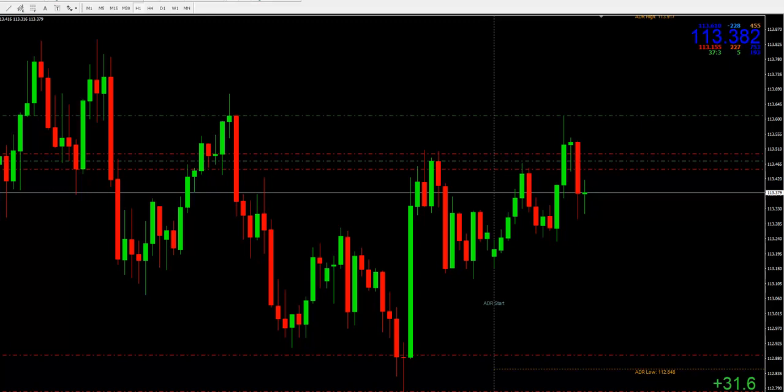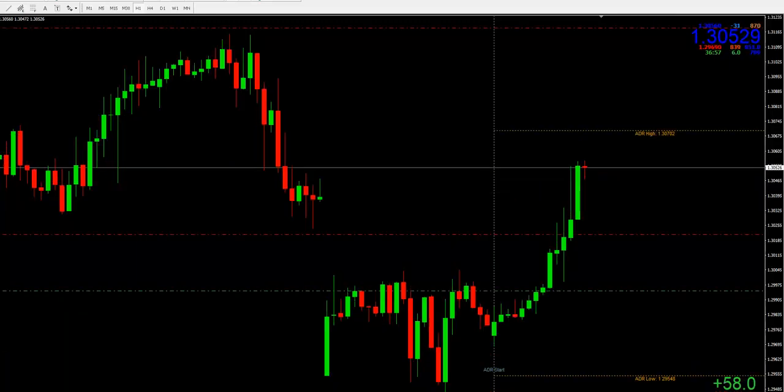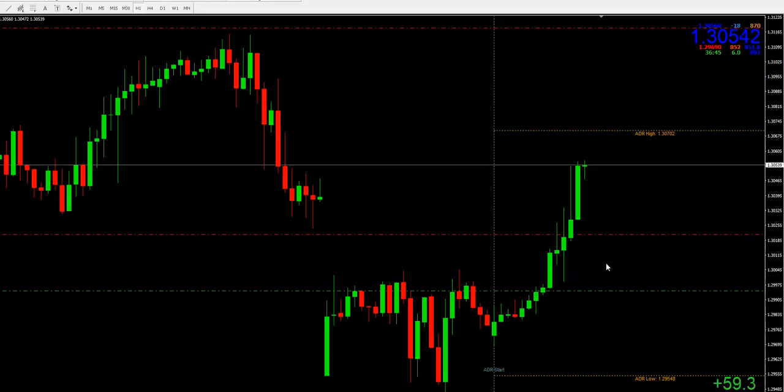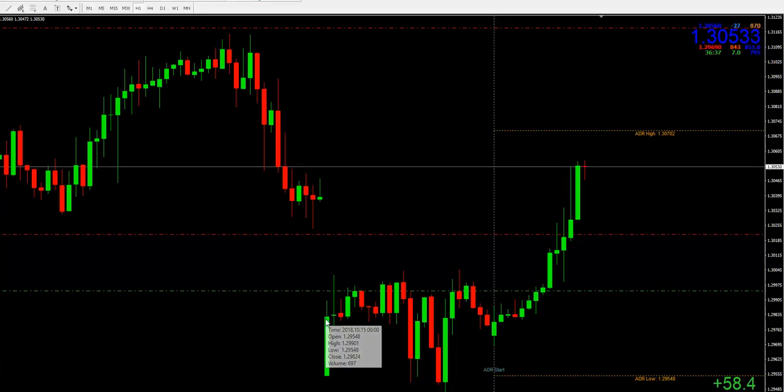Anyhow, let me go back to pound CHF just to show you how I trade gaps in the market, or gaps in prices. Gaps usually occur when one session closes and another opens. In this example, you can see there was the close of the US session and the open of the Asian session.